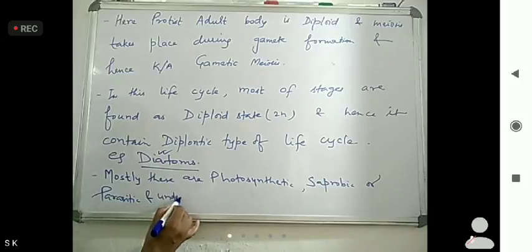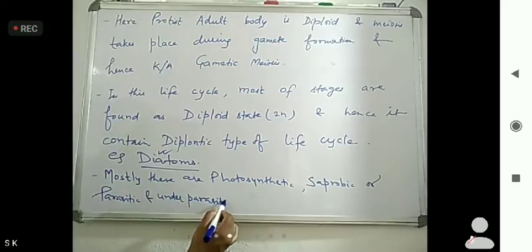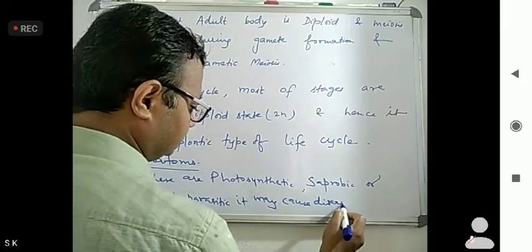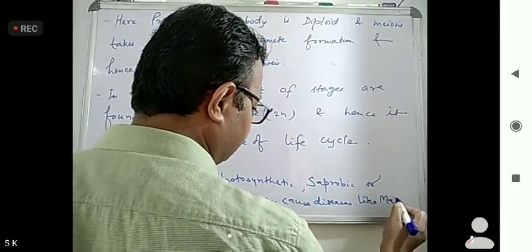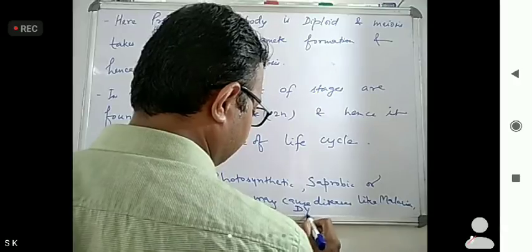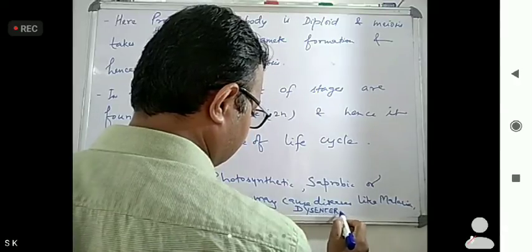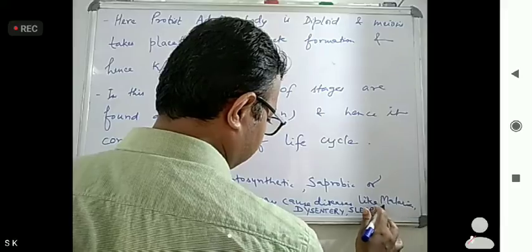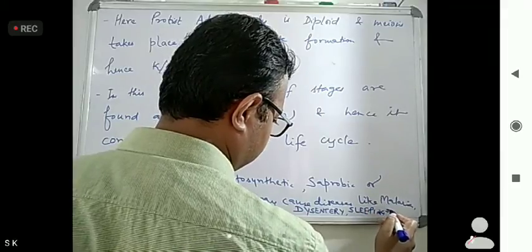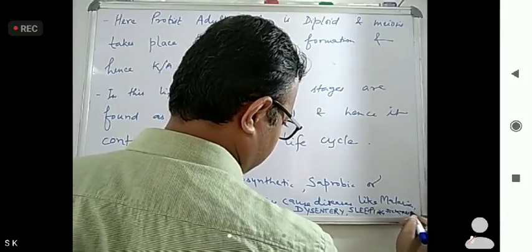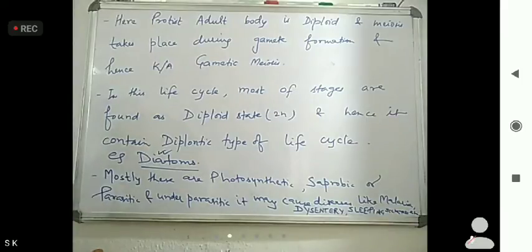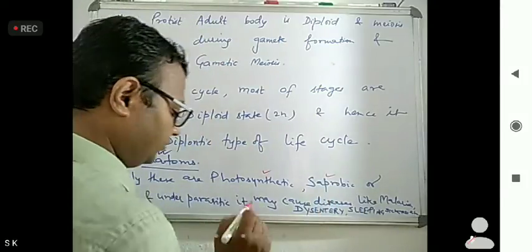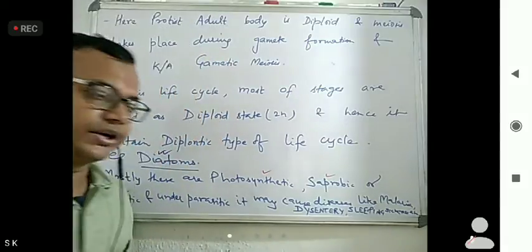And under parasitic, it may cause diseases like malaria, dysentery, sleeping sickness, etc. Okay, so mostly these are photosynthetic, saprobic, or parasitic, and if parasitic, they cause diseases like malaria, dysentery, sleeping sickness.